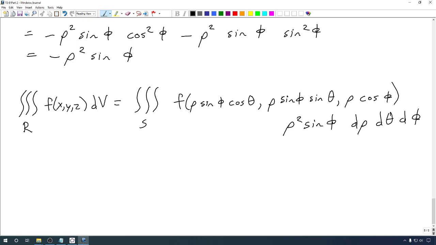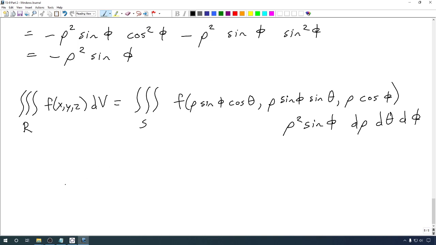But the point here is that the rho squared sine phi, that extra factor in there, was just our Jacobian. We're doing a change of variables, so we get an extra derivative factor, essentially.